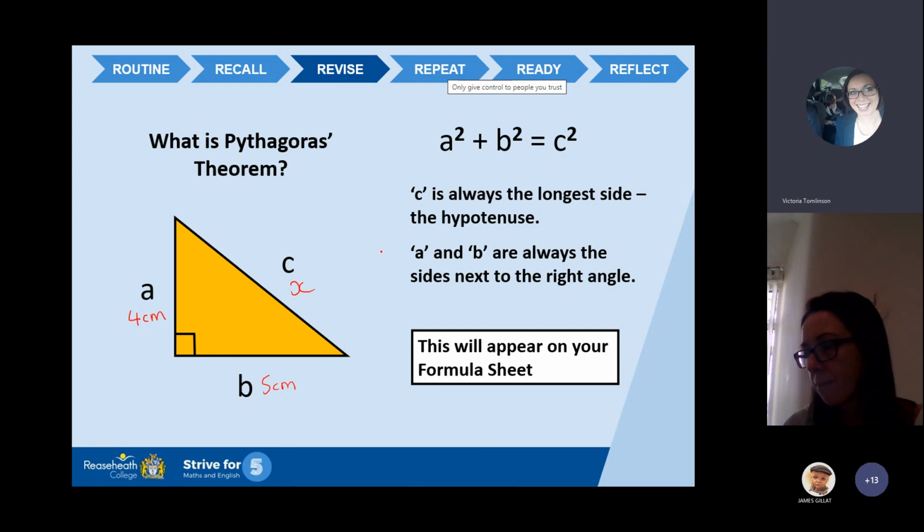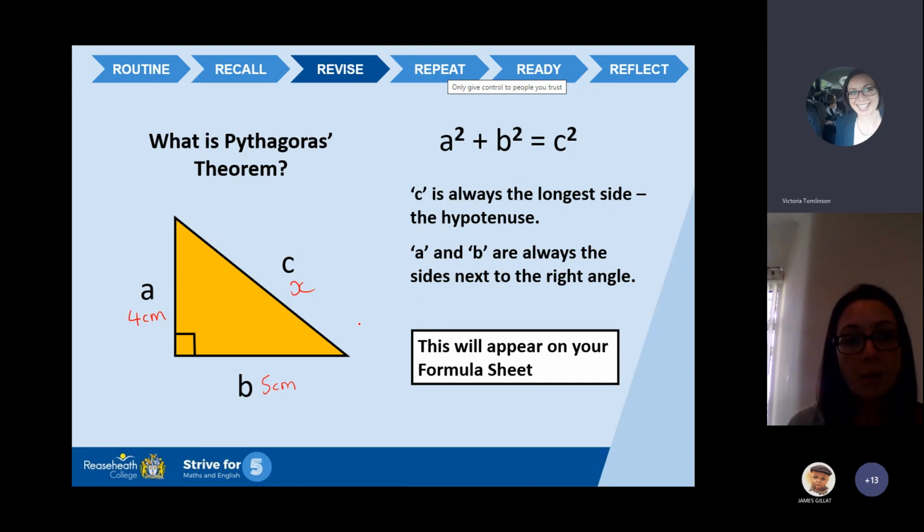Yes. I've had a quick look through them papers. There's a couple where they're not looking for the c squared, they're looking for the side A or side B, rather than the hypotenuse. That's fine. We'll do both today. Sorry. That's all right. No, it's true.